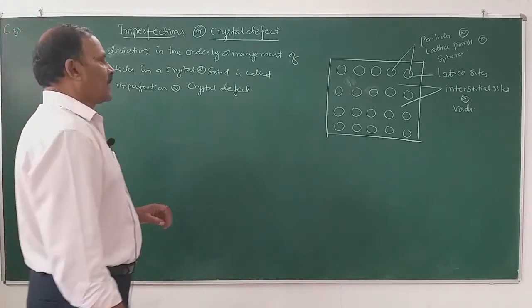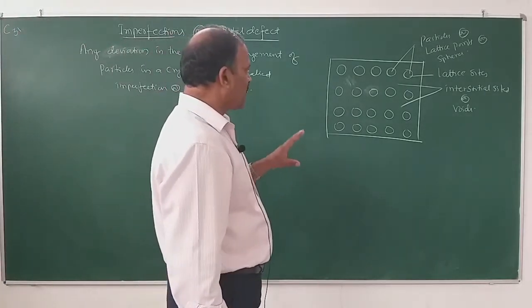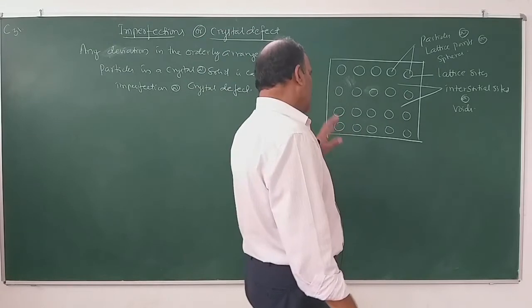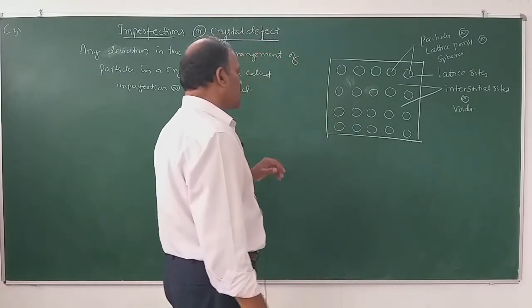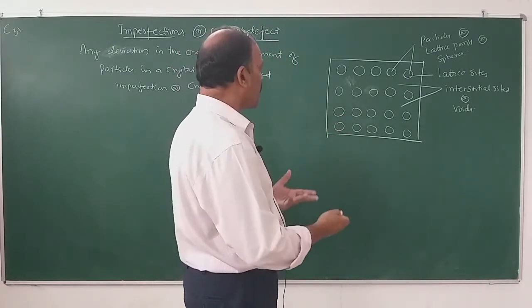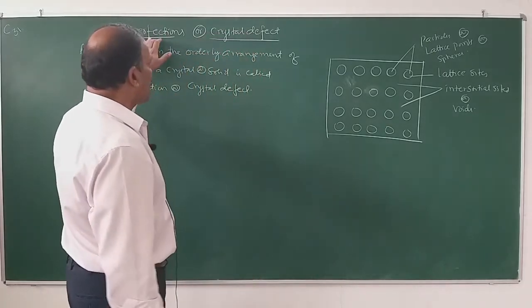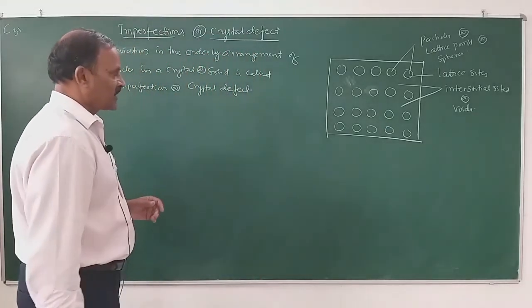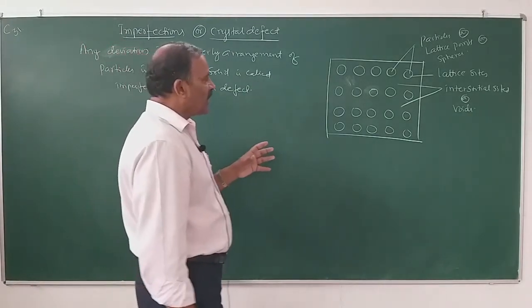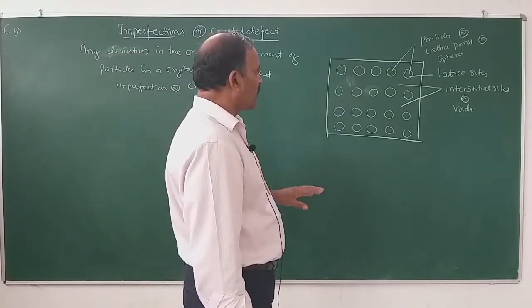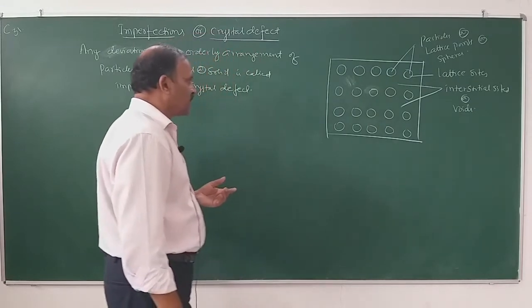So if the arrangement of particles is proper, it is proper arrangement. If the arrangement of particles is improper or not proper, it is called imperfections or crystal defects. So if the orderly arrangement is not proper, it leads to crystal defect.